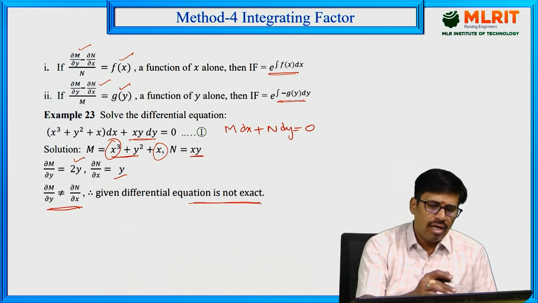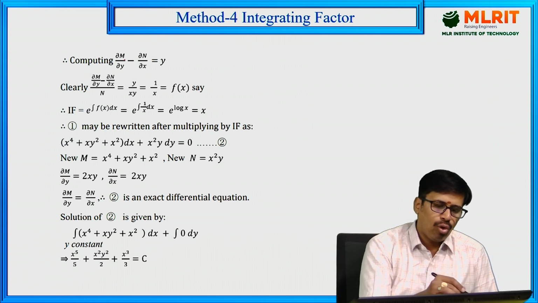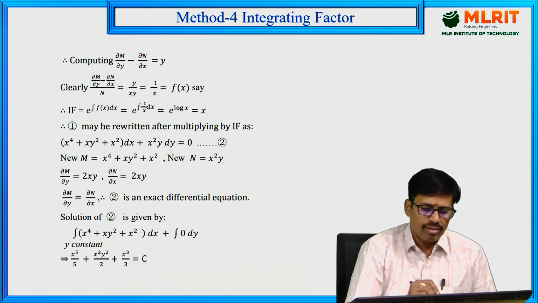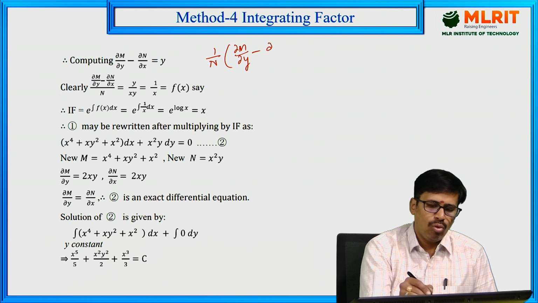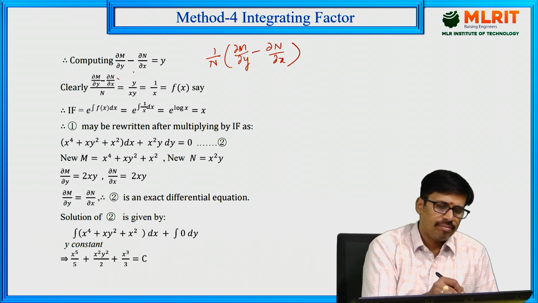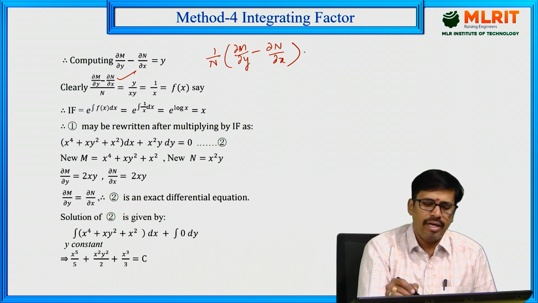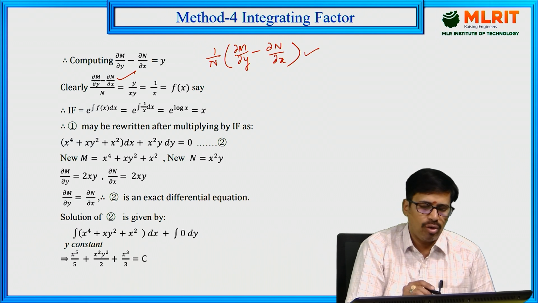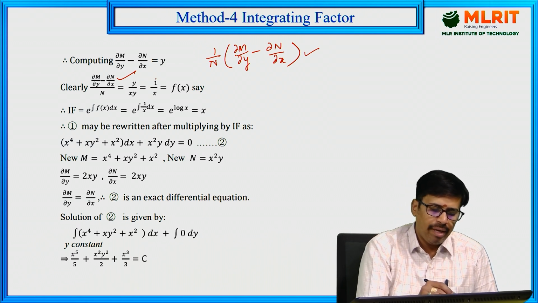Now let us see this. Consider the value of (∂M/∂y − ∂N/∂x)/N, which can also be written as (1/N)(∂M/∂y − ∂N/∂x), both are the same. So this value is 1/x.